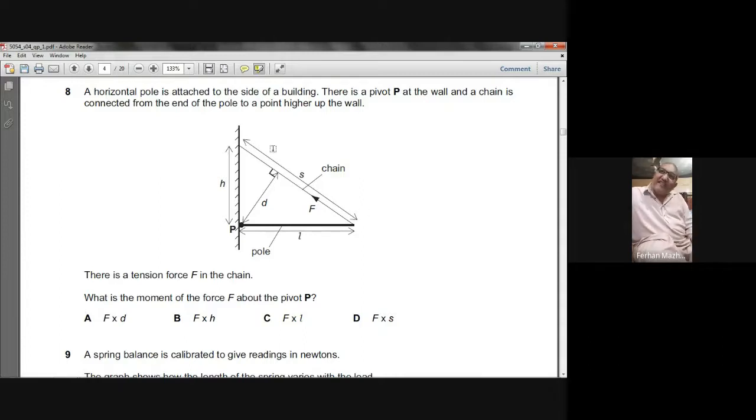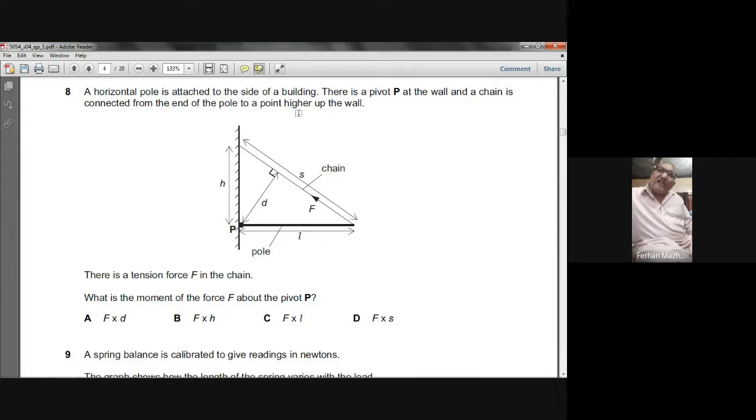So here, this is the line of action of that force. And here we have the pivot. The moment is always equal to the force multiplied by the perpendicular distance between the pivot and the line of action of the force.